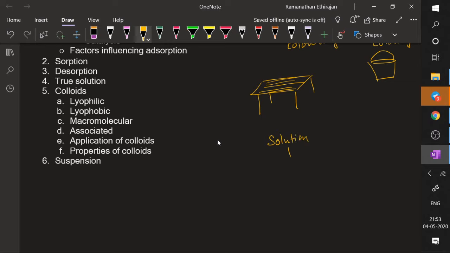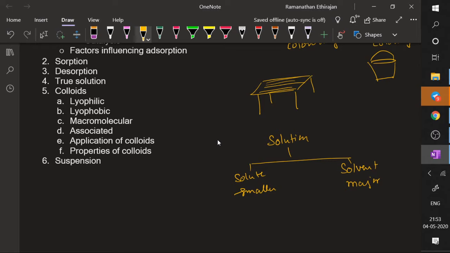So it consists of two parts, one is solute, another is solvent. Now this solute is the smaller portion, whereas the solvent is the major portion.